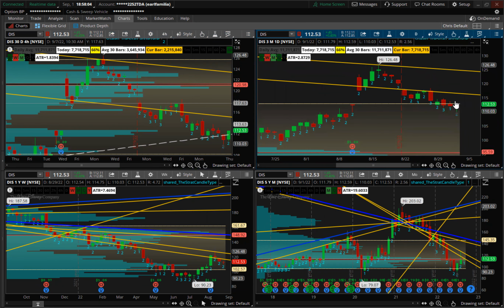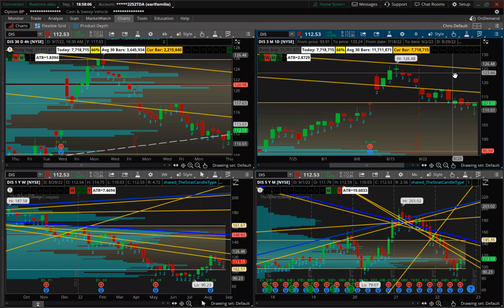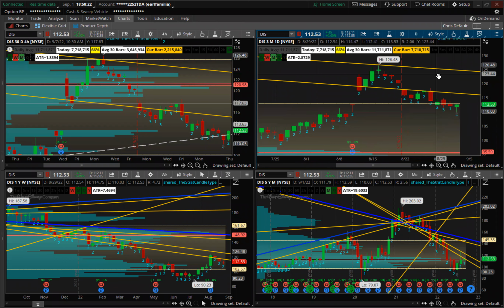I'll be more inclined to say it could trigger for sure, but I'll be concerned about how far it really can go up. Is that a trade that I can do, or is this one of those situations where it's setting me up for a fail to up? So just be mindful of that as well.